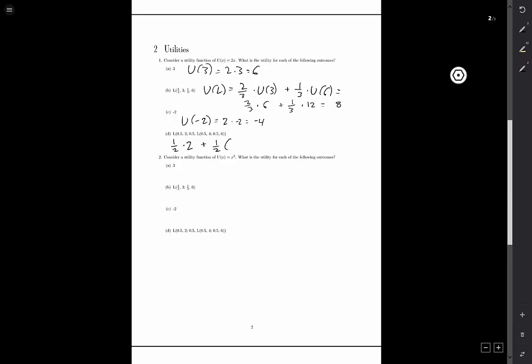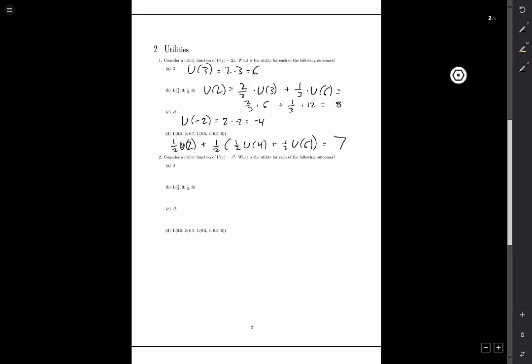So what is this lottery? Well, it's 1/2 times the utility of 4. Sorry, this should be utility right here. Plus 1/2 times the utility of 6. If you plug in the utility for this equation, you'll end up getting 7.